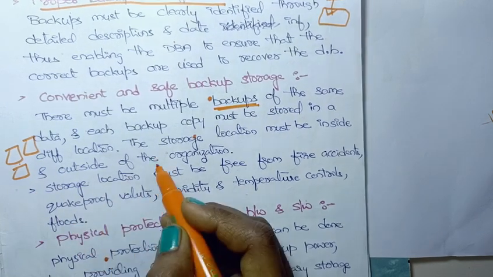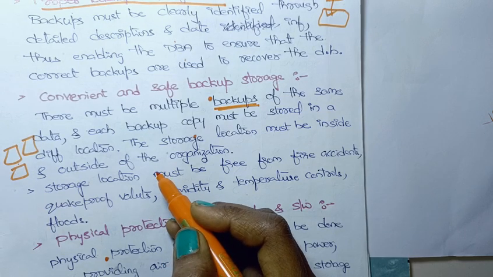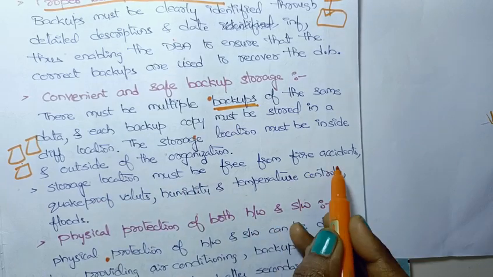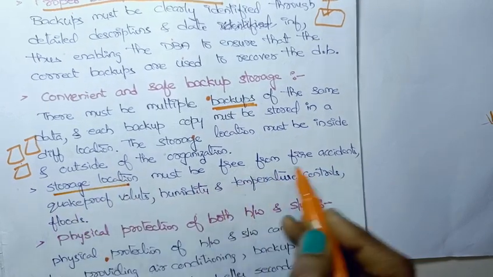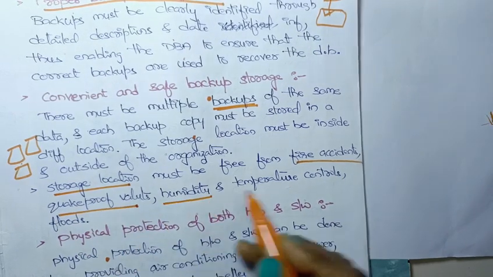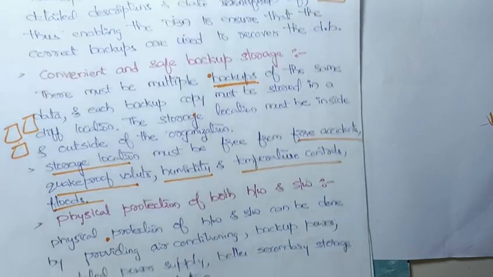Why? Because if anything happens inside the organization, at least you will get the backup outside also. Next one, the storage location must be free from fire accidents, humidity, temperature problems, floods, and so on.